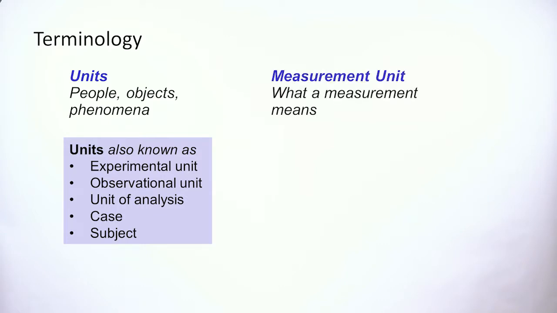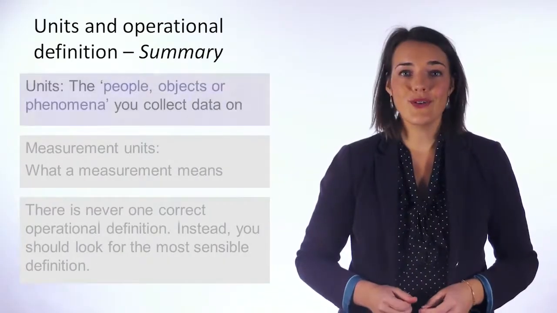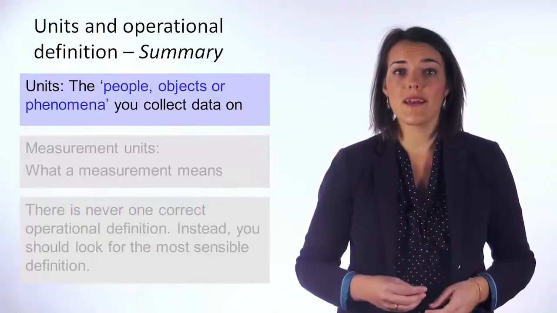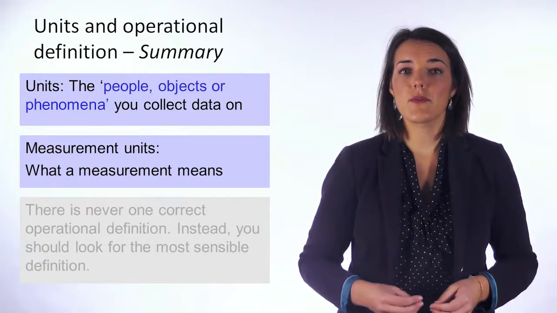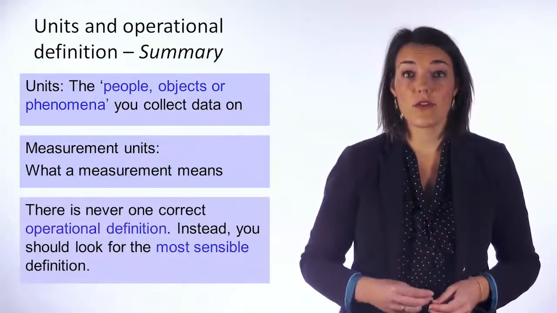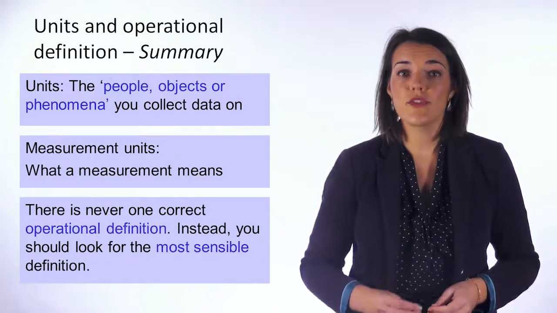The measurement unit also has a different name and is sometimes referred to as the unit of measurement. In summary, units are people, objects or phenomena you collect data on. The measurement unit defines what a measurement means. There is never just one correct operational definition. Instead, you should always look for the most sensible one.